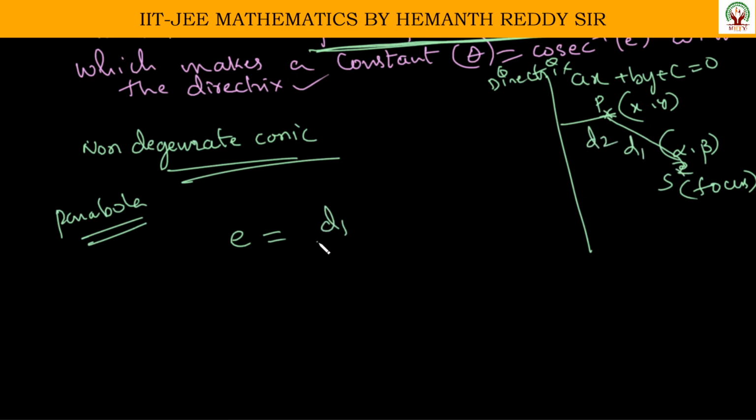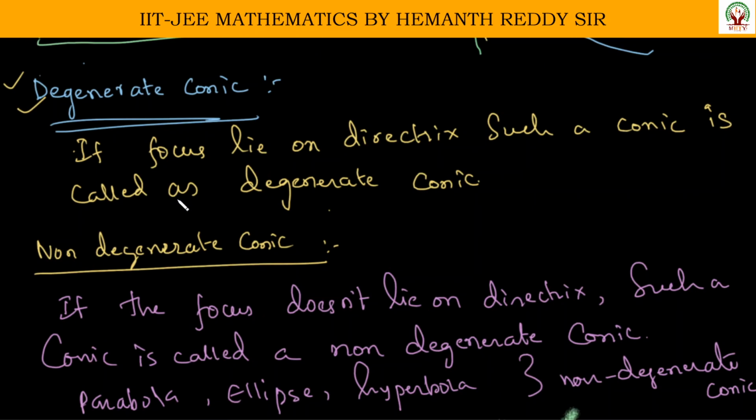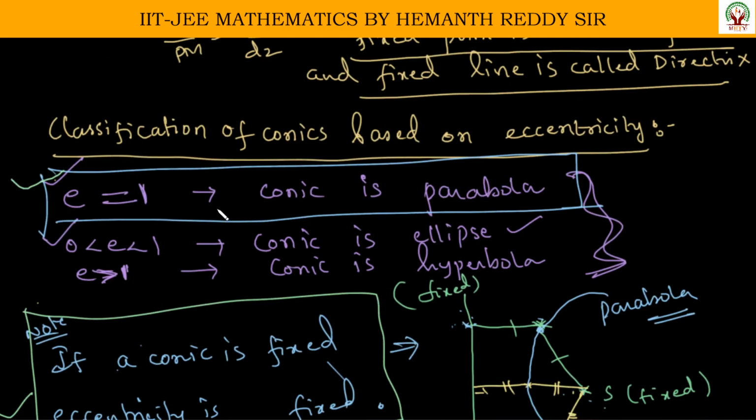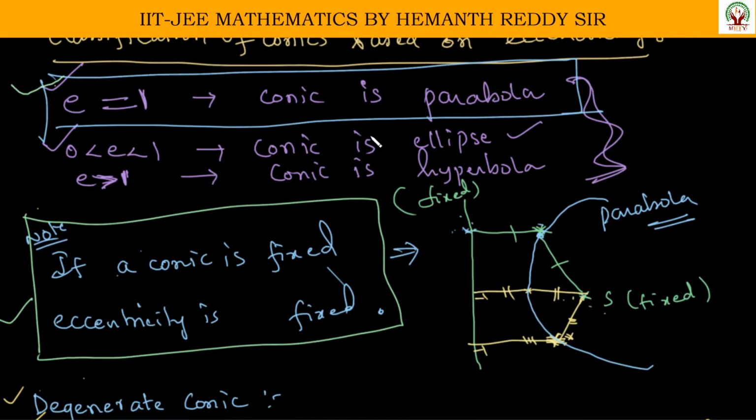Eccentricity is always D1 by D2, that is the ratio of the distance of a variable point from a fixed point to its distance from the fixed line, PS by PM, which is nothing but the eccentricity. For a parabola, I told you the eccentricity will be equal to 1.